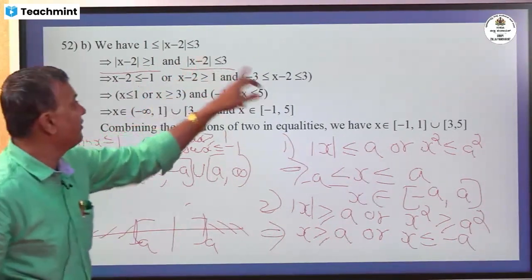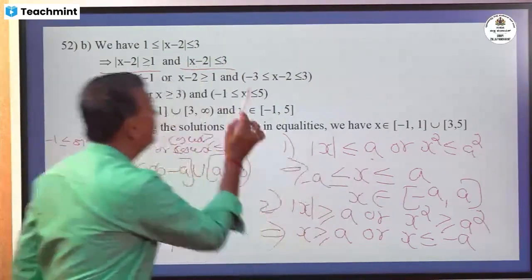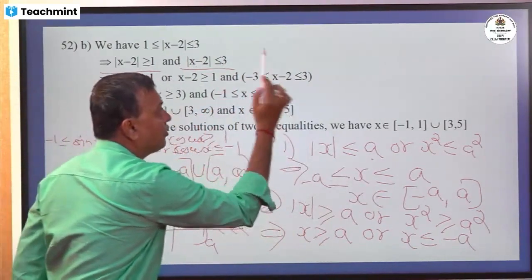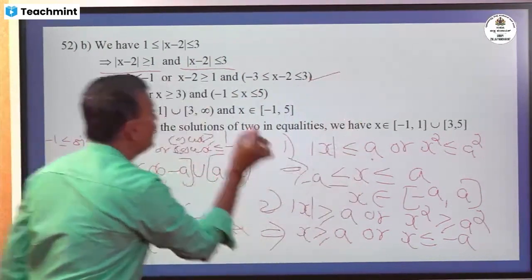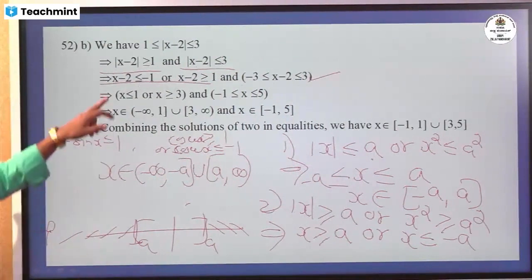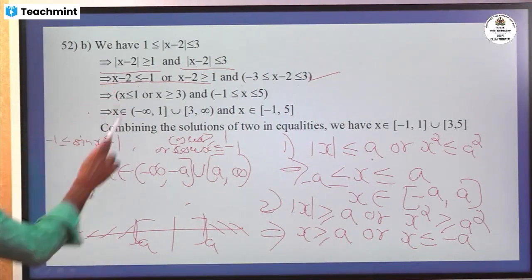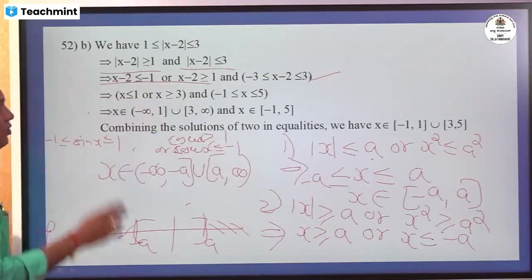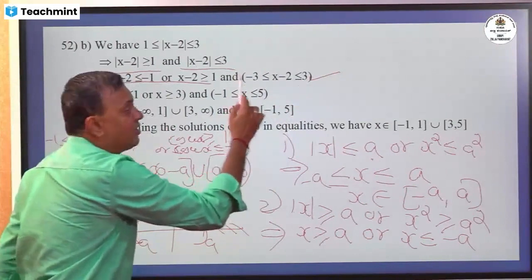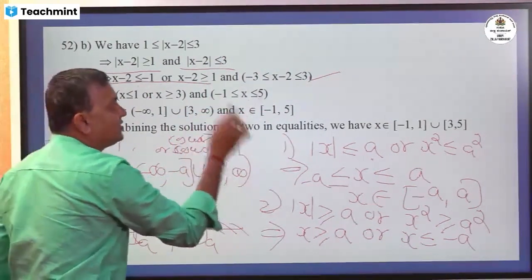And for the second one, modulus of x minus 2 less than or equal to 3 means, by the first one, x minus 2 is greater than or equal to minus 3 and less than or equal to 3. Correct? Next, when we simplify, x is less than or equal to 1 or x is greater than or equal to 3, and here adding 2 in the inequality, we get x is greater than or equal to minus 1 and less than or equal to 5.